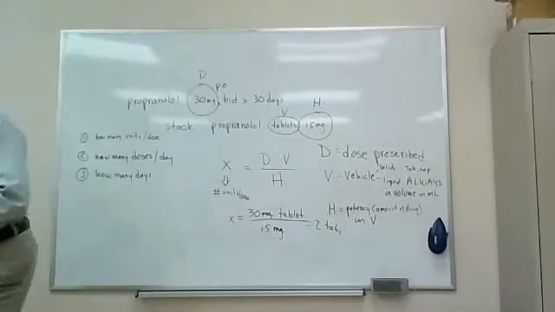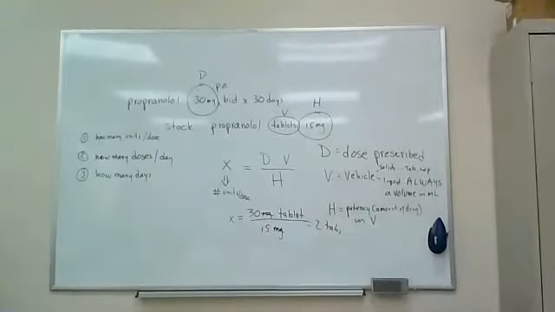So when we write out our instructions to the patient on the prescription label, we say take 2 tablets twice a day, since it's BID dosing. So now we've done one half of the work.